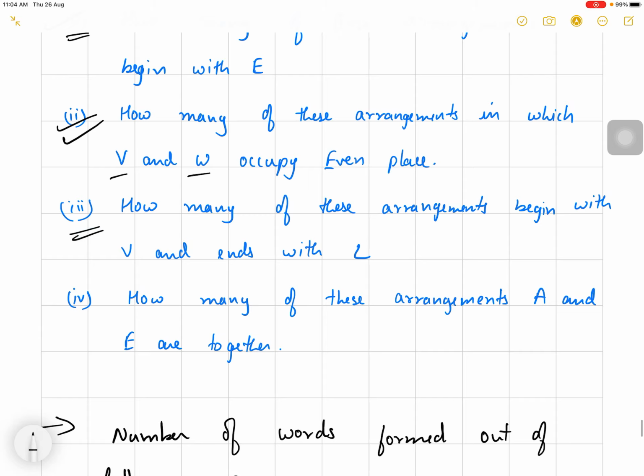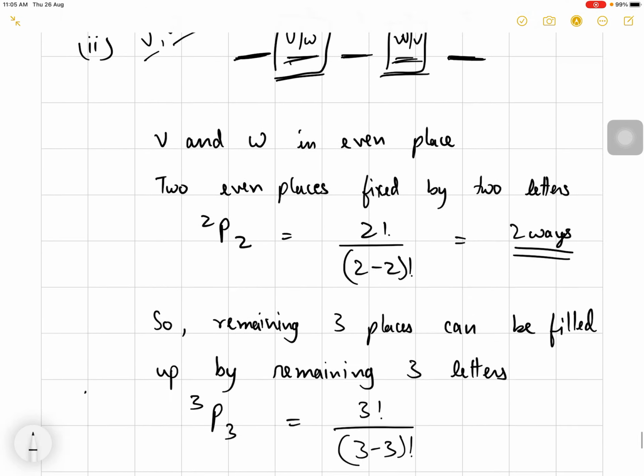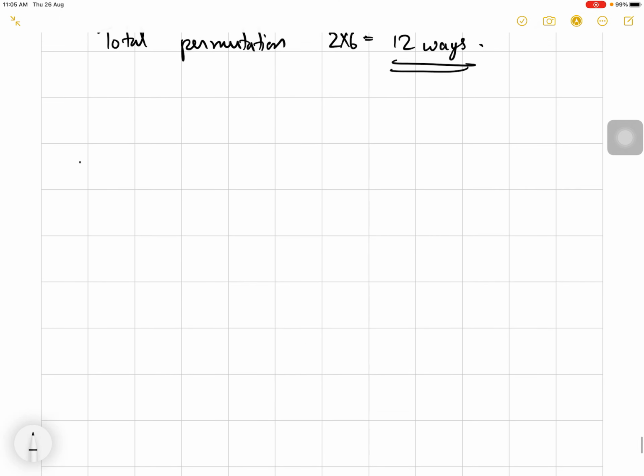Now third question. How many of these arrangements begin with V and end with L?